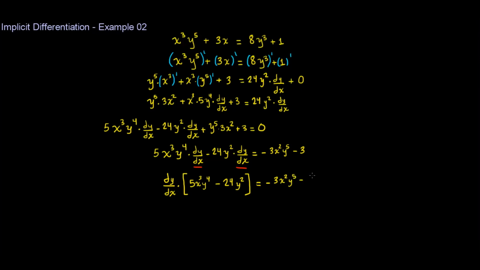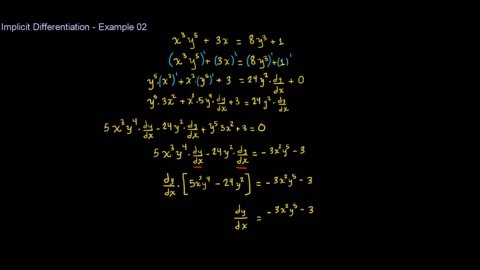And finally, the only thing we have to do in order to solve for dy over dx is divide both sides of the equation by this long term. So the final solution will look like this: dy over dx will be equal to, I think it would be faster to copy this out. There it is.